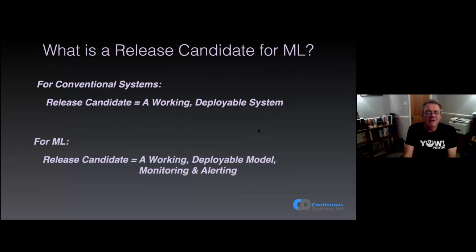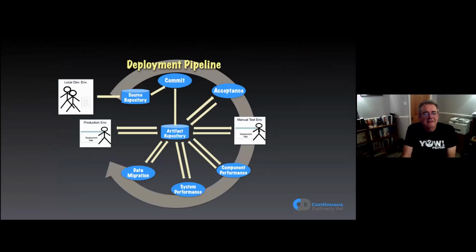I think for machine learning, a release candidate is a working deployable model, including the monitoring and alerting associated with that model. It's really not very different. So is there a version of a deployment pipeline that we could think of applying for machine learning systems?